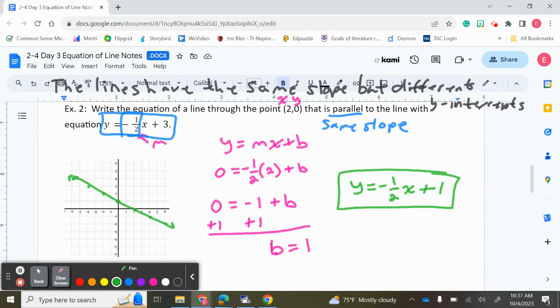If you're not using different colors, I would just label this y equals negative 1/2 x plus 1. And then in blue, I'm going to graph this guy. I'm starting at 3, and then I'm going down 1 over 2 each time. And then this one, I'm going to label y equals negative 1/2 x plus 3.